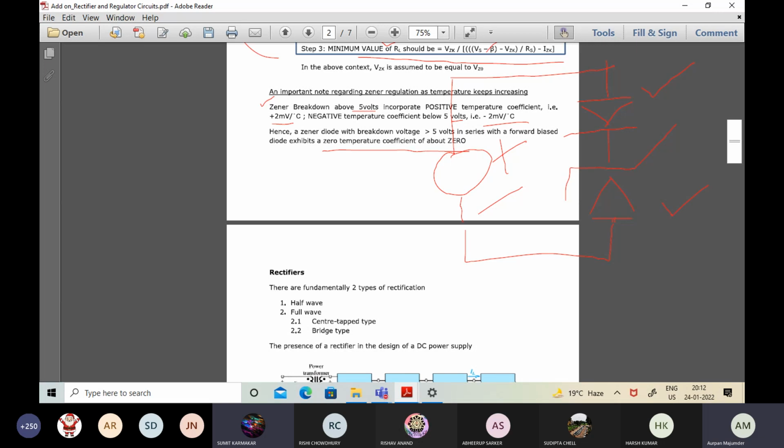If the Zener diode's VZK is above 5 volts and these two are in series, in that case the combination of these two in effect will have a zero temperature coefficient. That is, the voltage will not change with temperature if you connect these two in series, provided the Zener diode is having breakdown potential above 5 volts. That was the point.